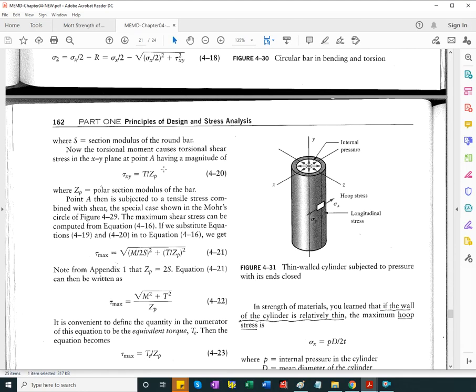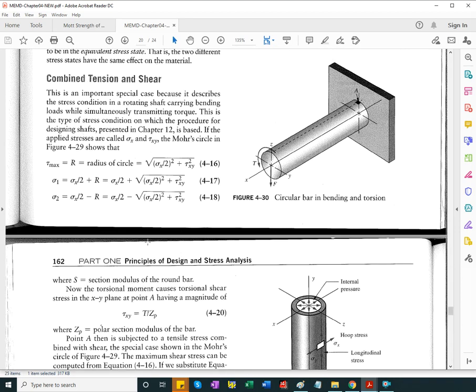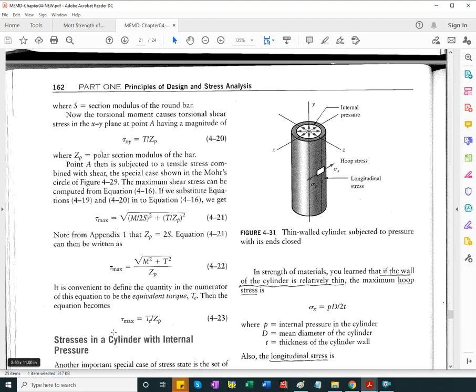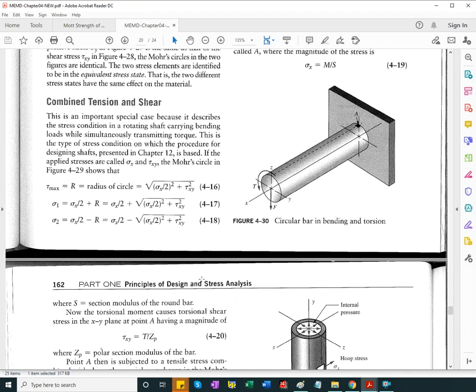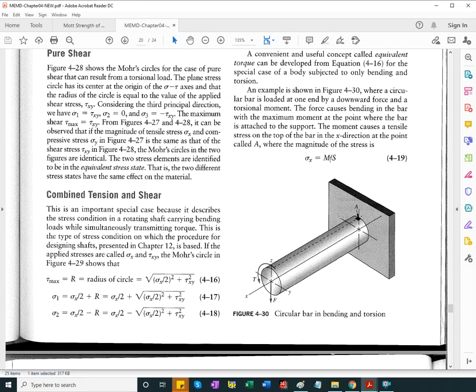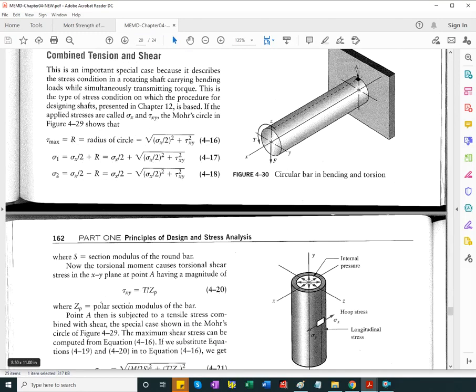So it is analyzed here separately, and we know how to find, on one hand, given the torque and the polar section modulus, the magnitude of tau xy, and then the bending stress, listed here as M over section modulus S, rather than Mc over I, the flexure formula.